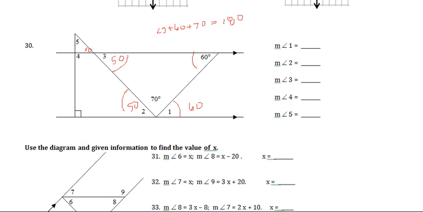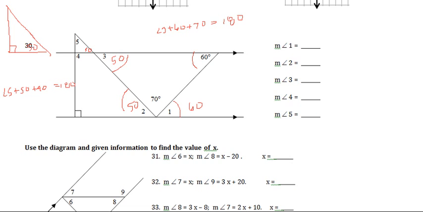And then I'm trying to figure out what the other one is. Well, if I'm figuring out the big angle, angle 5, I see I have this triangle that looks like this. Here's 90, here's 50 because it's down here, so angle 5 is going to equal 50 plus 90 equals 180.